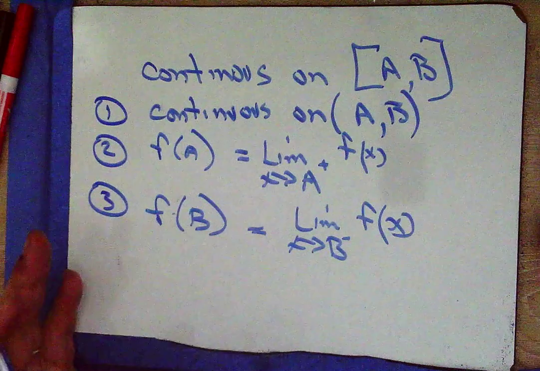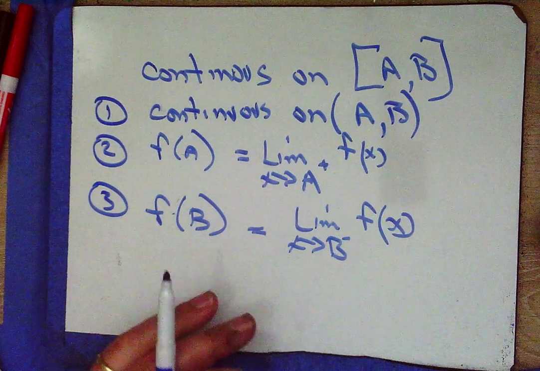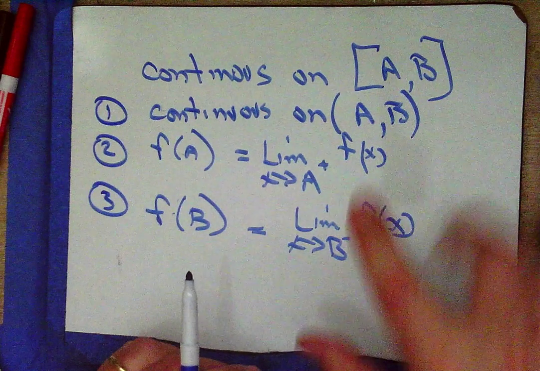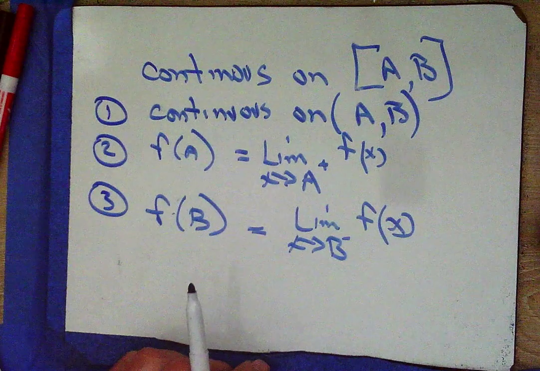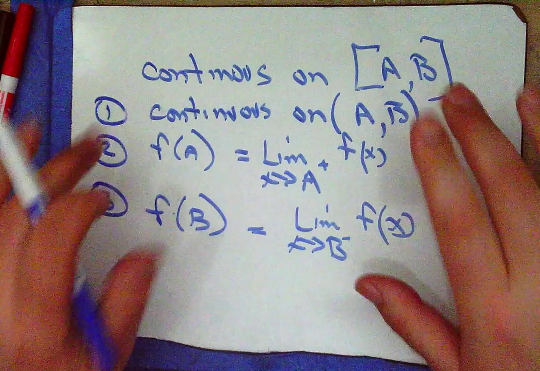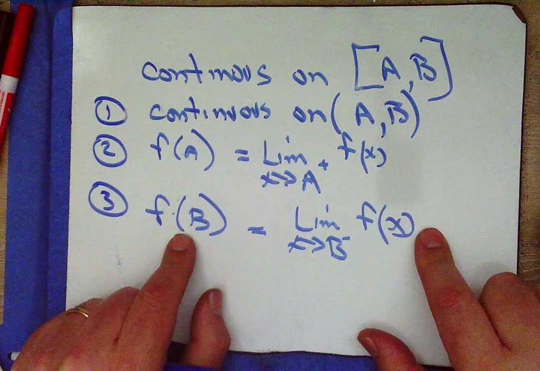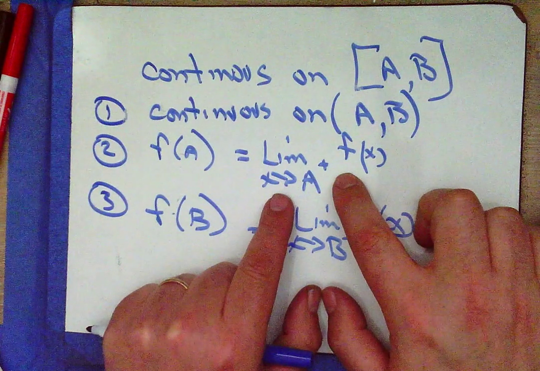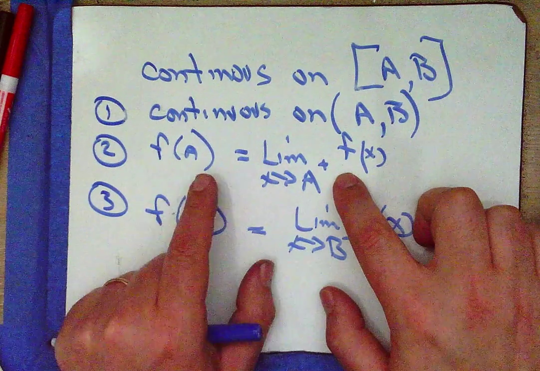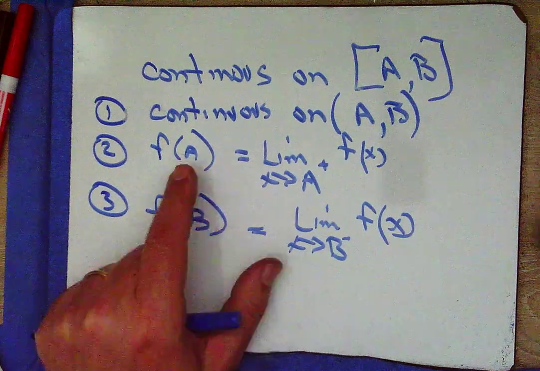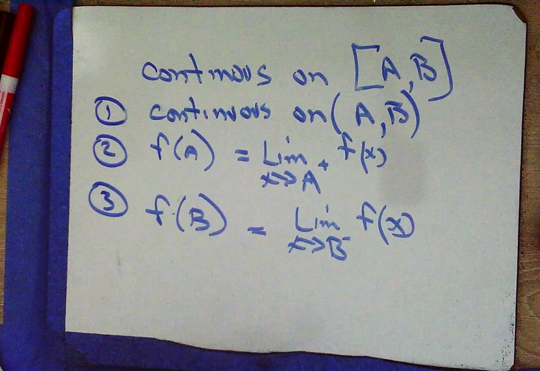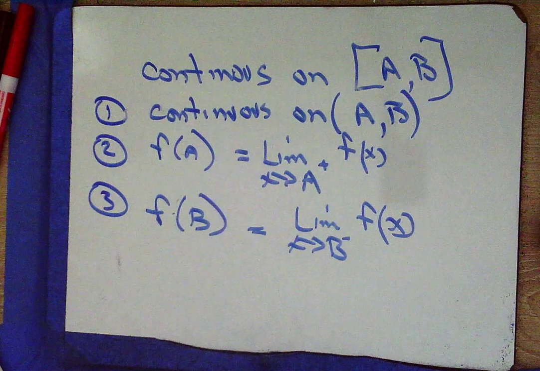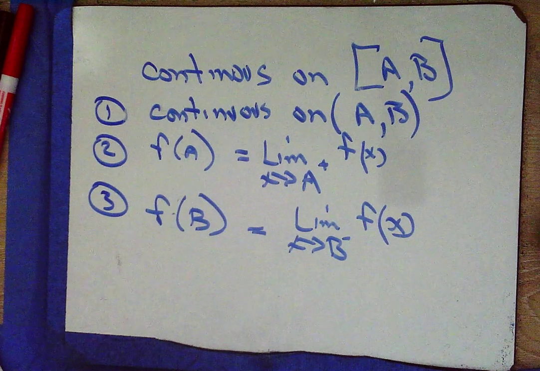I know continuous on an open interval means that I'm continuous on all the points in between A and B. Continuous on the closed interval is not only continuous on the open interval, but because there are now 2 endpoints to consider, the limits can't come from both directions of the function because these are endpoints we're talking about, we have these special designations for left endpoint and for right endpoint. Okay, and so we're going to have to refer to these things when we justify our answers.